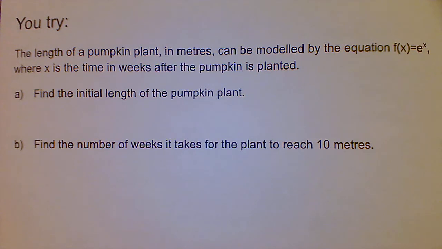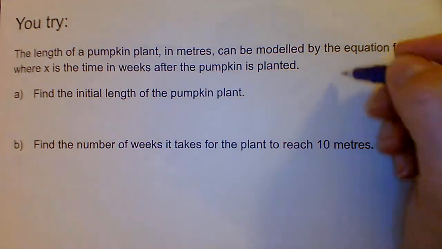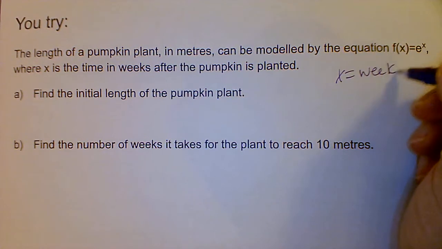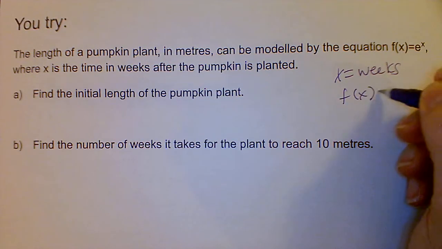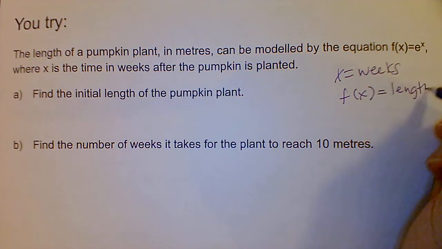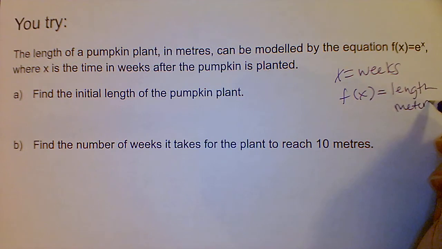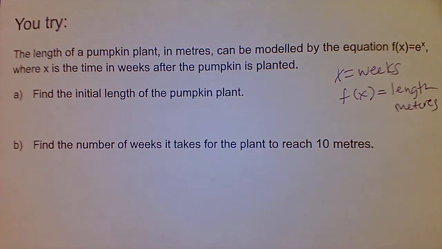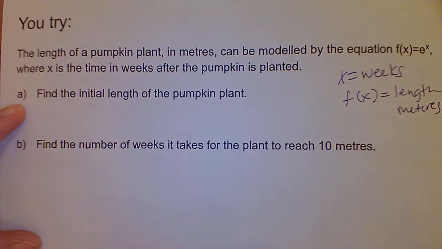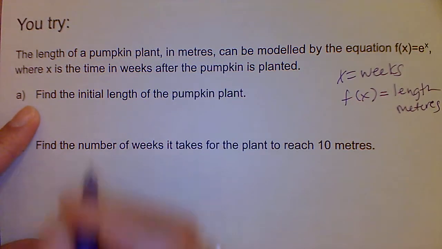Good luck. All right, the length of a pumpkin plant in meters can be modeled by the equation f of x equals e to the x, where x is the time in weeks after the pumpkin is planted. So f of x is going to be the length in meters. Find the initial length of the pumpkin plant.